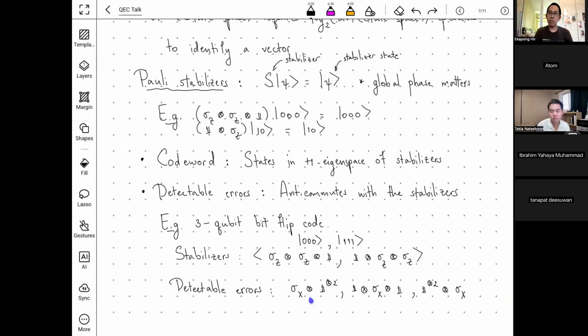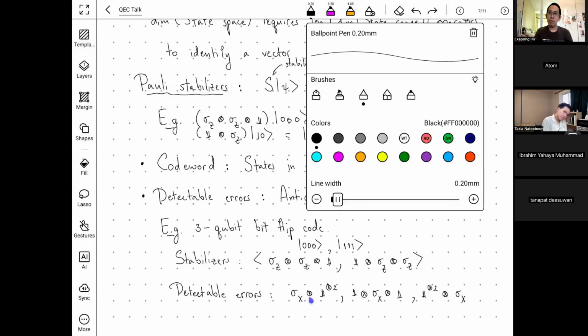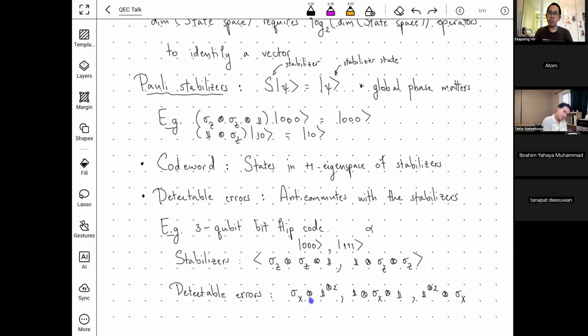Yes. That's because these stabilizers are linear, right? So you can distribute them over and it will still be a stabilized state. A state like this will also be stabilized.